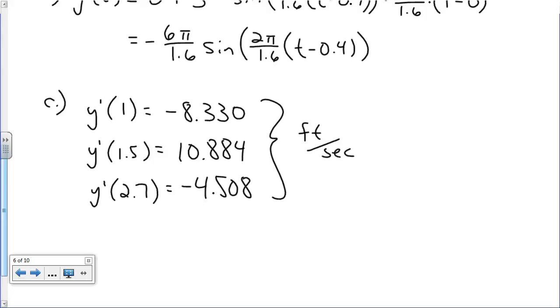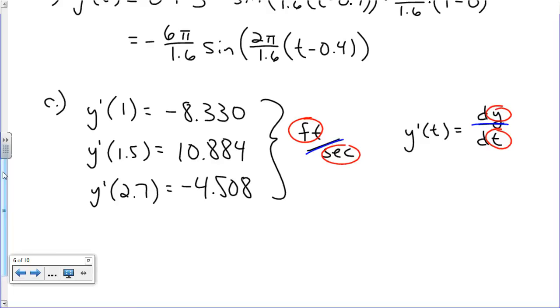And again, if you go back to the other way we can write the derivative, remember y prime of t is the same as saying the change in y, dy, over the change in t. That really helps you see the units here: y is measured in feet, divided by t, which is measured in seconds.